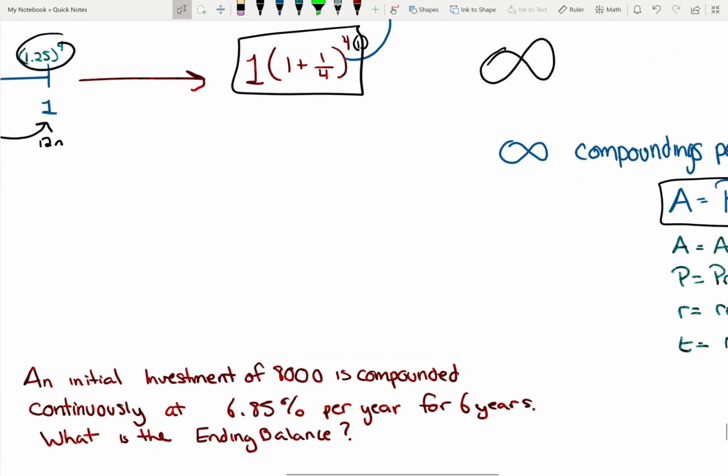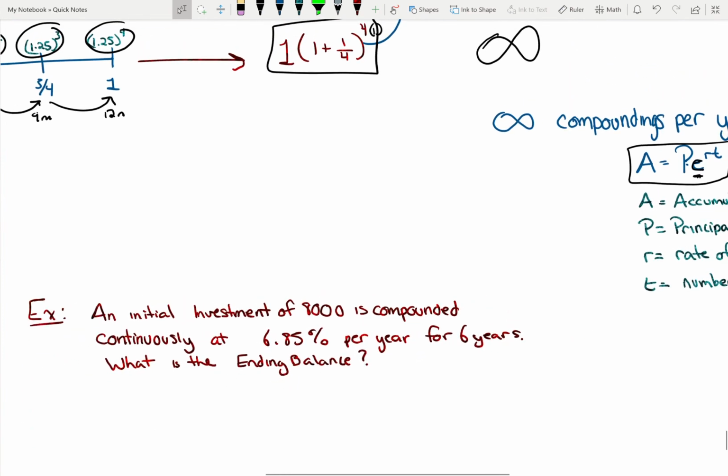All right, so the first example. We have an initial investment of $8,000, and the bank is giving you continuous compounding at 6.85% per year for 6 years. What is the accumulated value? Or what is the ending balance? So the key word here is continuous.